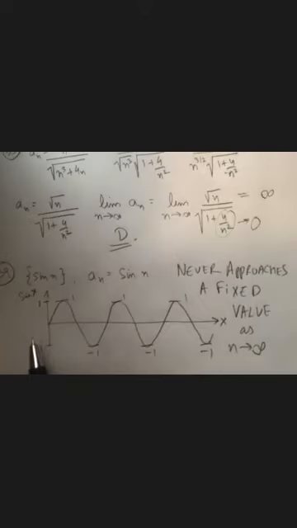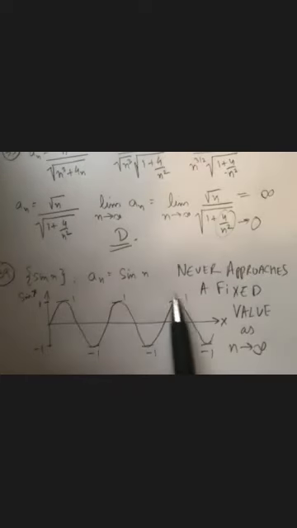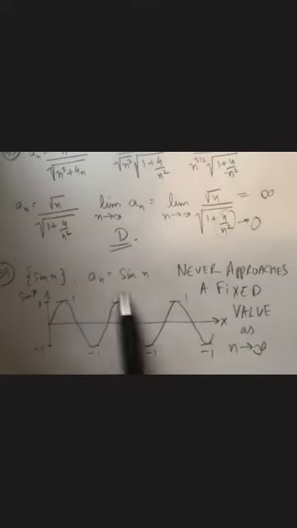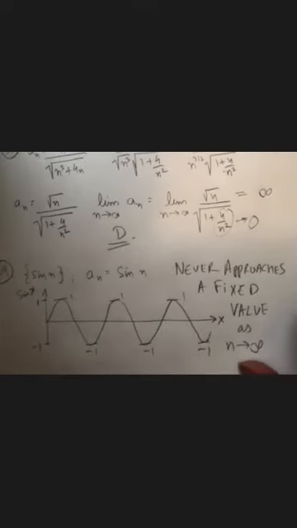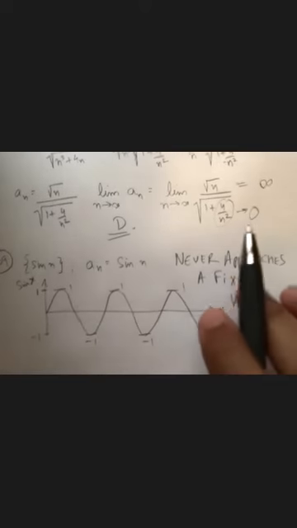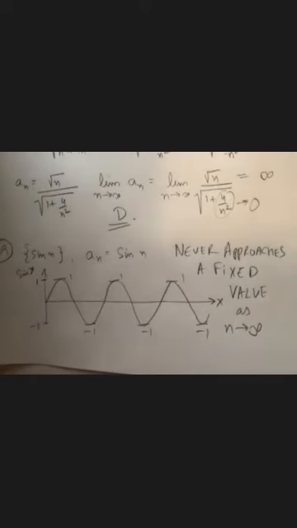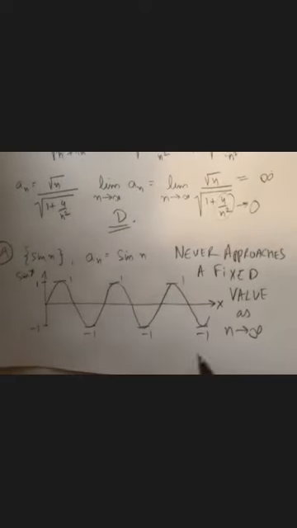Because the sine function always oscillates between 1 and negative 1. Therefore, the sequence will never approach a fixed value as n goes to infinity. So therefore, we call it divergent. So this means it diverges.